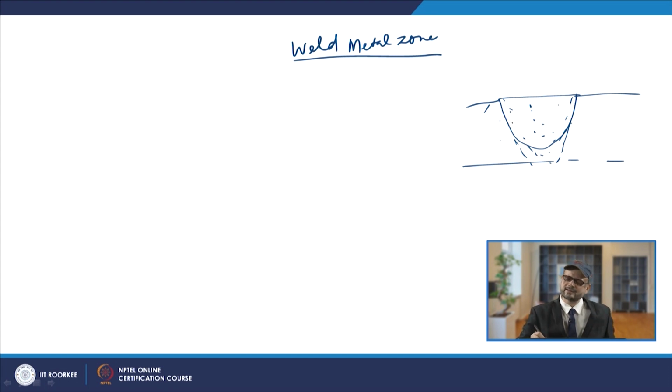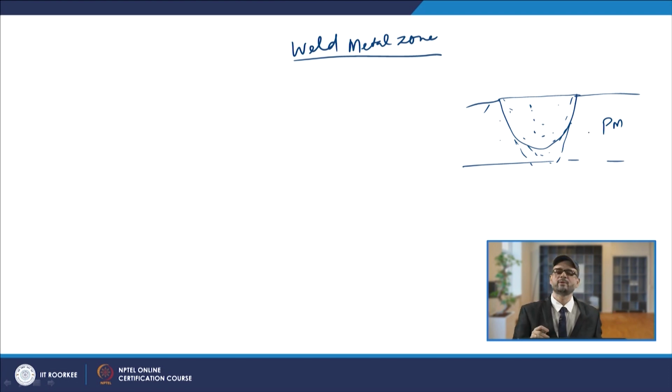Now, if you look at the temperature on the sides, this is the parent metal or base metal. There is a high temperature difference between the temperature in the weld metal pool and just adjacent to it, which is normally at, suppose, room temperature. So, there is large undercooling, and you will have a large temperature gradient from this point to this point.